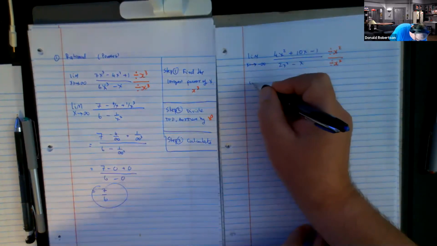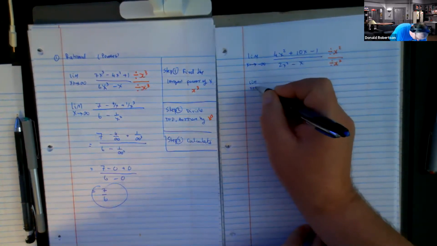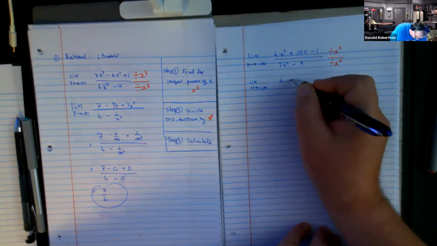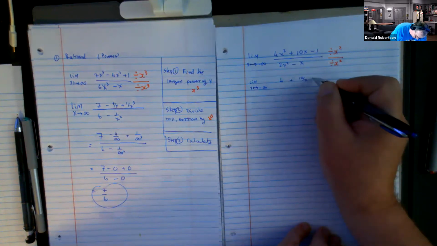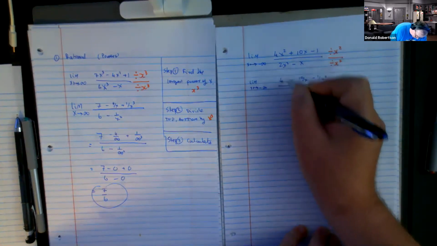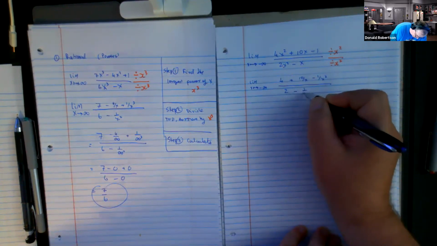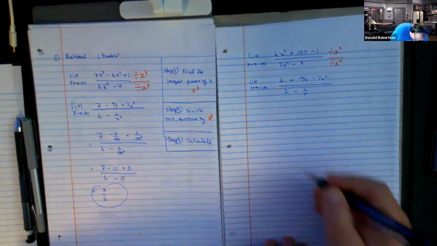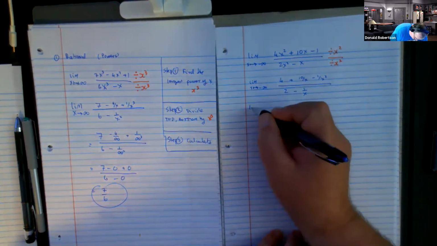I now have the limit as x tends to negative infinity, 4, 10 over x, 1 over x squared. Divide that by x squared. And that. Well, don't need to do that.